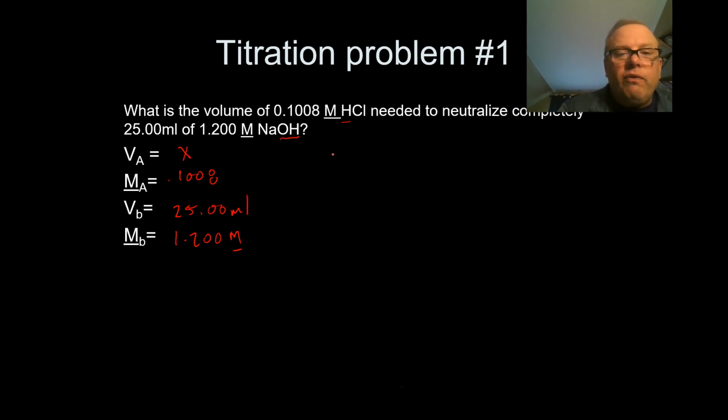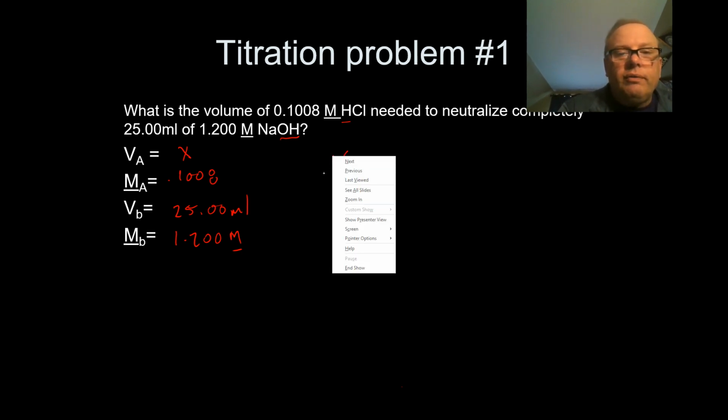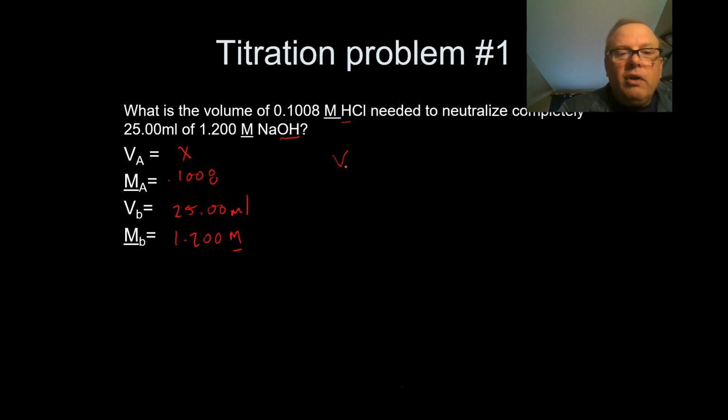So I simply go into my formula: volume of the acid times molarity of the acid is equal to the volume of the base times the molarity of the base.